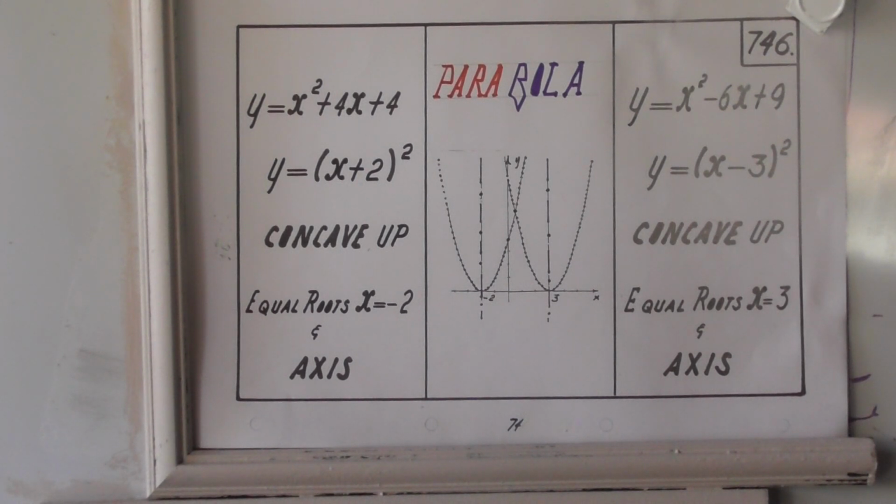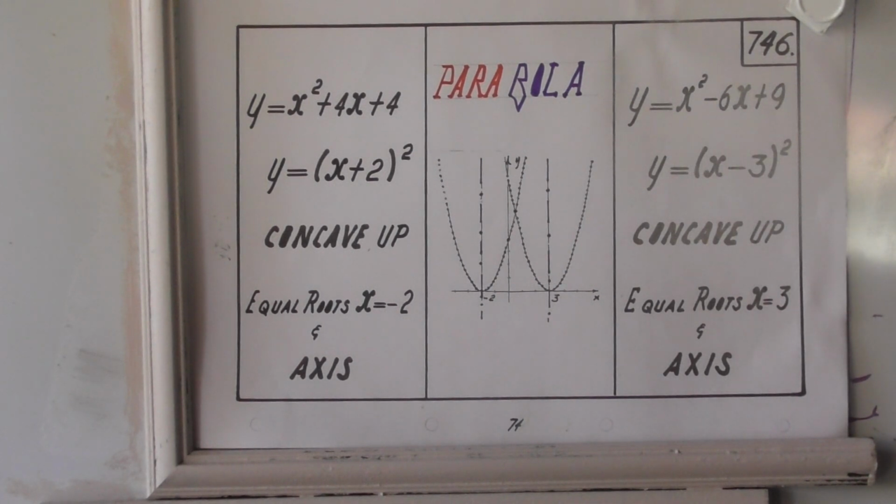You learn to see that, but we can do it again. x squared, remember to see the negative, negative 6x, and negative is positive, 3 squared is 9. So if x is 3, this becomes 0. So if x is 3, the y is 0.